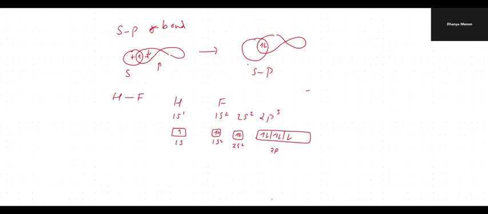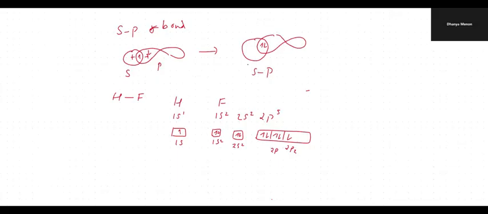I drew the unpaired electron for 2pz. We can make any of 2px, 2py or 2pz unpaired, because all three 2p orbitals have the same energy.